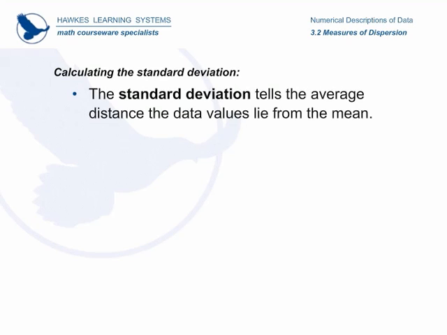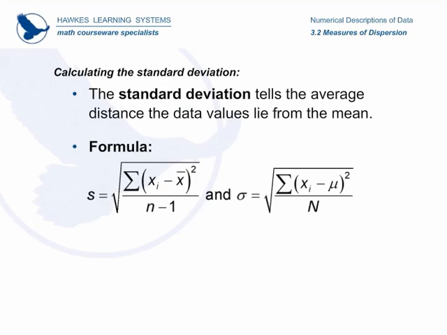So how far away is each of the data values from the mean, or from the average of the data set values? And here's the formula we use, and you can see we have two formulas, one for a sample standard deviation, which uses the symbol S, and then another formula for a population standard deviation, which uses the Greek letter sigma.